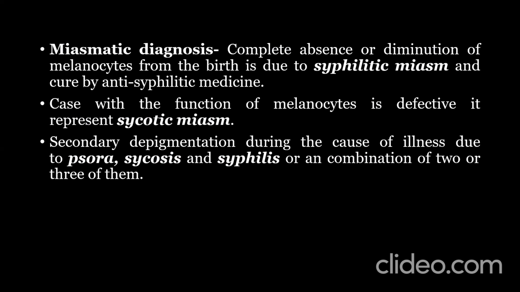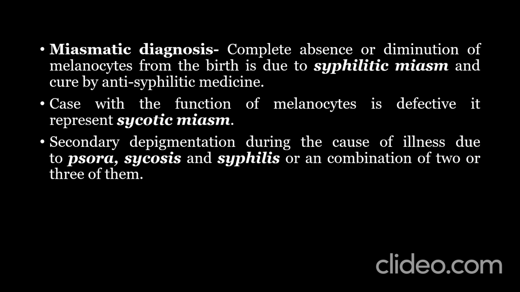Miasmatic diagnosis of vitiligo. The complete absence or diminution of melanocytes from birth is due to syphilitic miasm and is cured by antisyphilitic medicine. Cases where the function of melanocytes is defective represent psoric miasm. Secondary depigmentation during the course of illness is due to sycosis, psora, and syphilis, or a combination of two or three miasms.